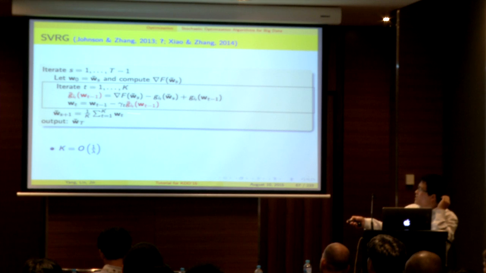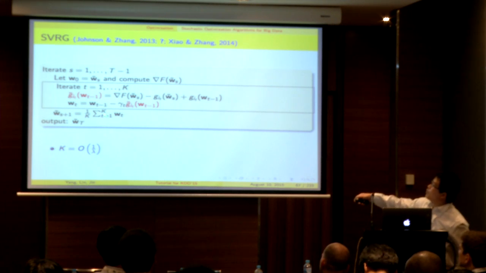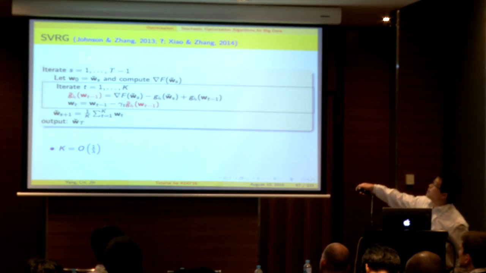This is exactly the hill climbing step, but we use the variance-reduced gradient, not the original one. We still need to average the historical solutions, and once we do this, we get the average solution. This will be used as the new reference point. So you can see the inner iteration is k. We update the reference point after every k inner iterations, and the outer iteration number is t. Okay, how many k do we need?